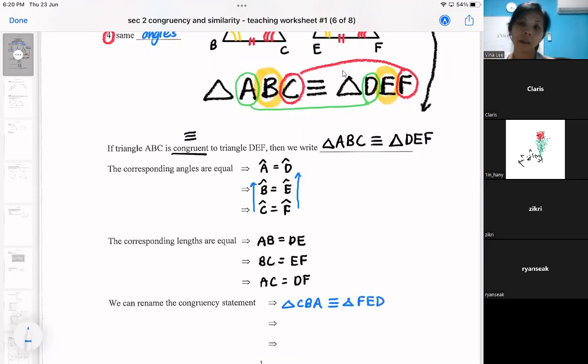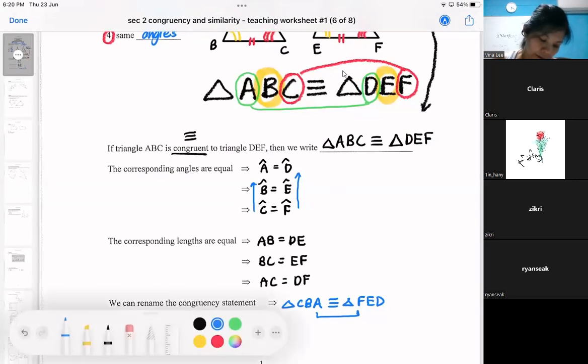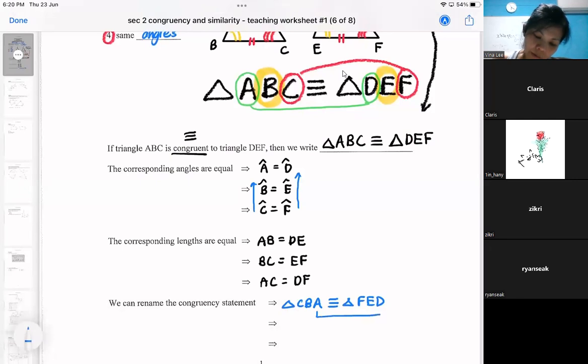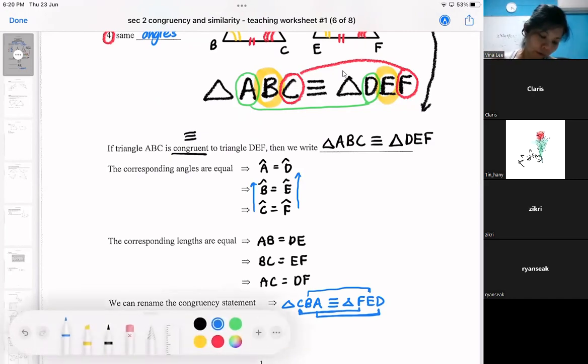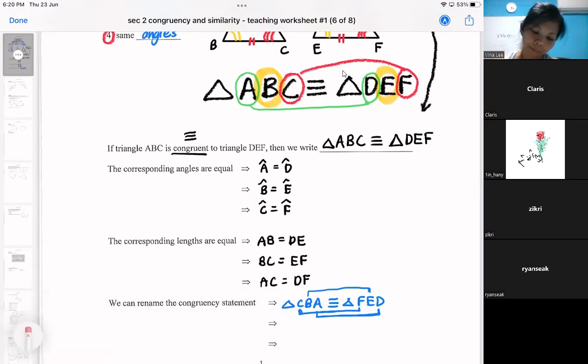But you must check the angle will still match. A is still with D. B and E are still matching. C and F are still matching. So this is called renaming the congruency statement. You can rename, but the angles must still be matching. You cannot change the matching angle.